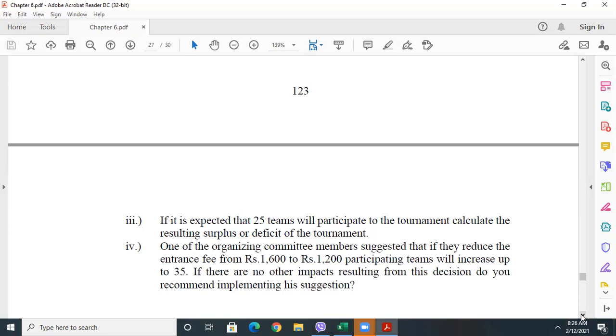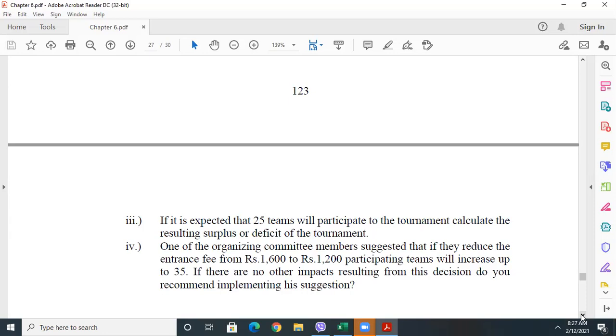And finally, it asks, one of the organizing committee members suggests that if they reduce the entrance fee from rupees 1,600 to 1,200, participating teams will increase to 35. Now they are thinking about different scenarios.